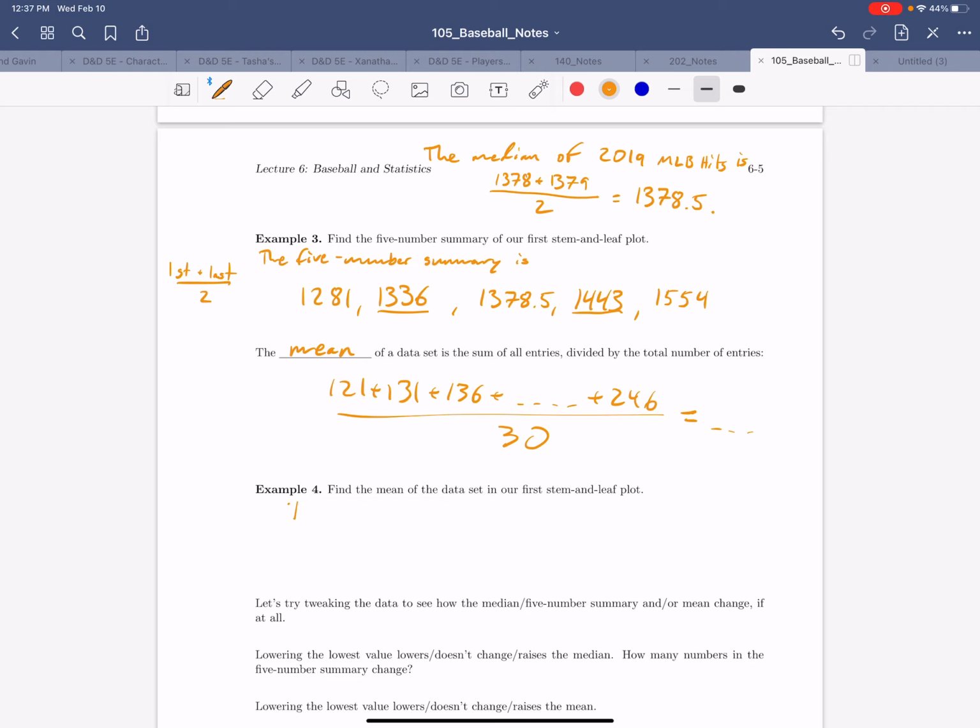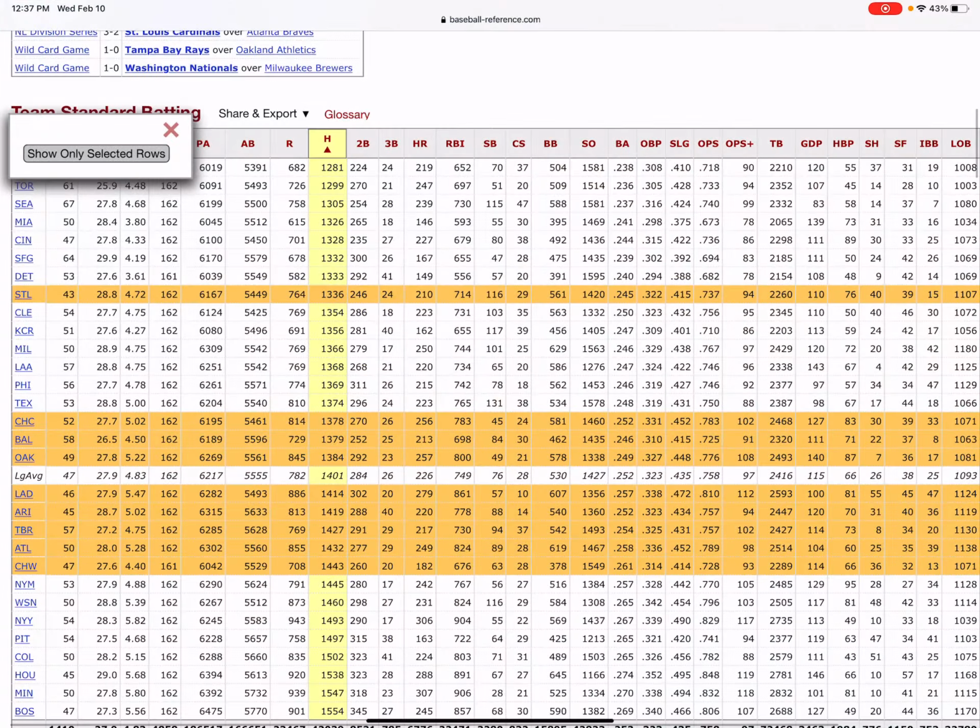So we'll say the mean number of MLB team hits in 2019 is, so it was 1284 plus blah, blah, blah. Oh, no, 1281, sorry. 1281.